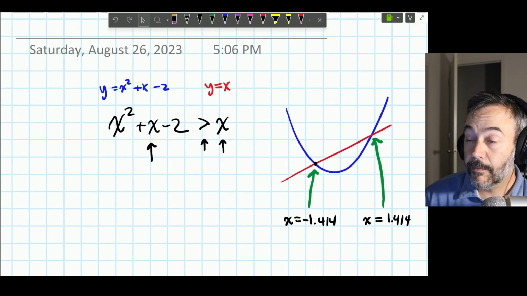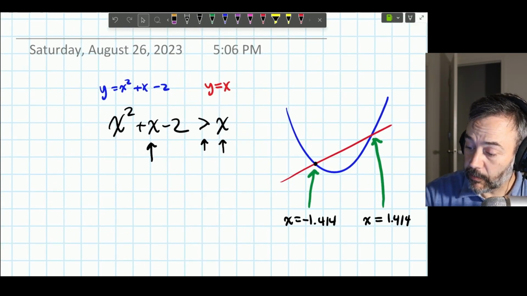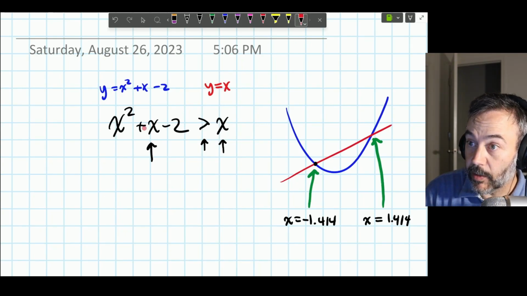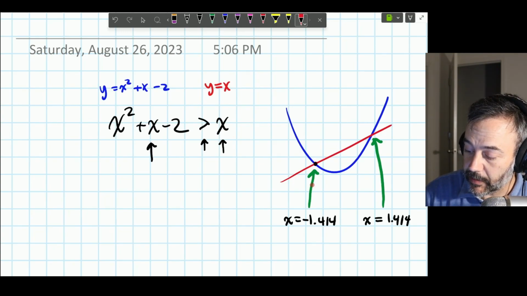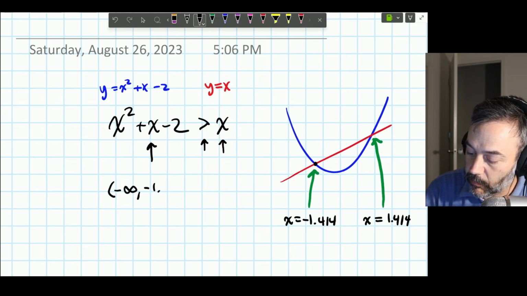And we want to know, where is the quadratic above the linear? Well, it's everything to the left of this value, and it's everything to the right of this x value. And so the answer is everything from negative infinity up to the lower value, 1.414.